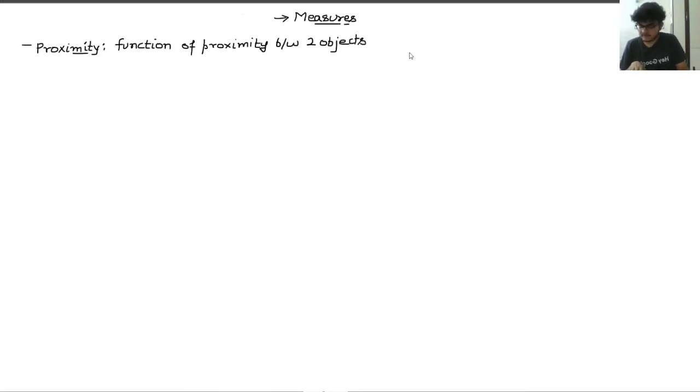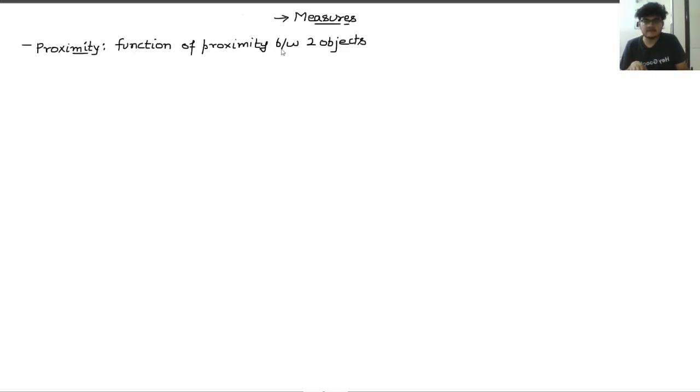calculate similarities and dissimilarities. The first term that I'm going to define is the proximity measure, which is a very important term. Now, proximity measure is basically a function of the proximity between two objects within a data, and we use it to measure the similarity and dissimilarity.